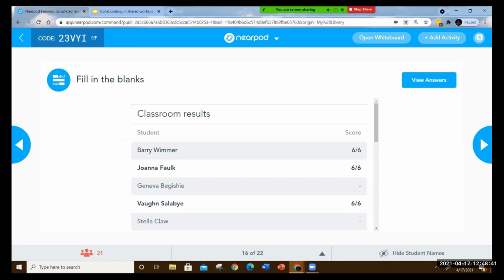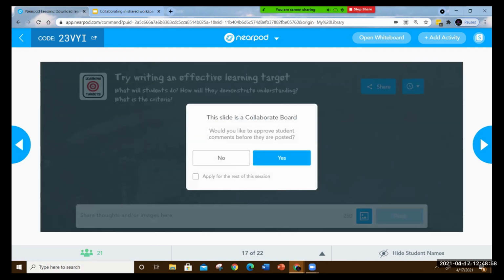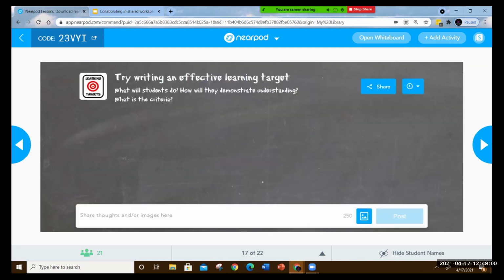So I'm trying to scaffold you up towards this next slide, which is writing your own learning target. Okay. And we're going to have a pretty good chunk of time in which to do this. So we're going to use this collaborative board, and we're going to have probably 10 minutes-ish, give or take.